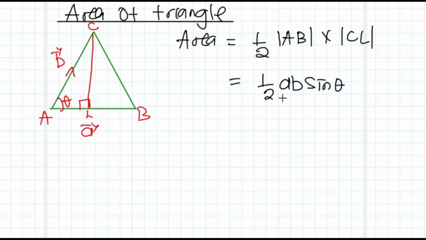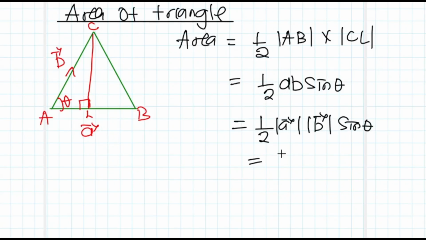So for a triangle, we have half AB sine theta, and this is the same thing as half into the modulus of A multiplied by the modulus of B multiplied by sine theta, which is half into A cross B. We can leave the answer like that.